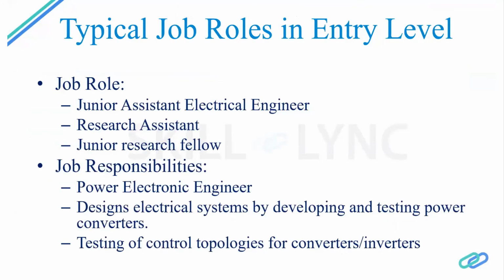Now, what is the most exciting thing right now? Finally, we are getting into the most exciting slide: after doing all these things, what different kinds of jobs can you get? That will definitely come to your mind. First of all, I want to clarify one most important thing: this course will help you get into two different sectors.